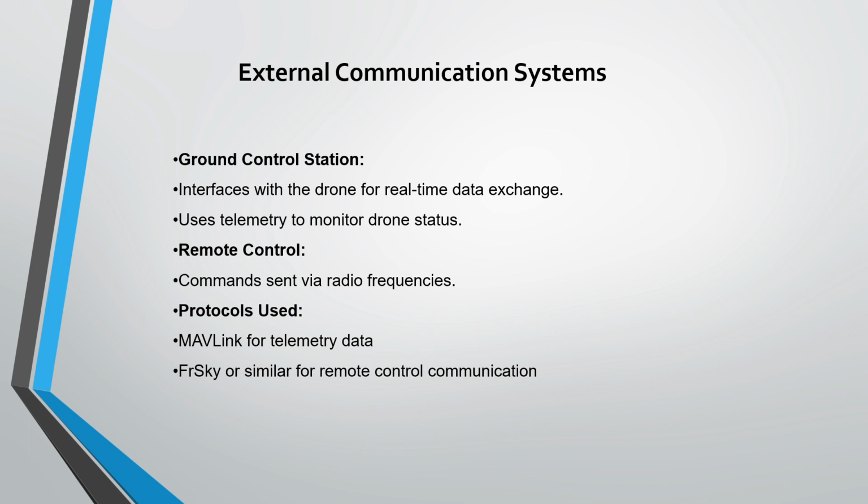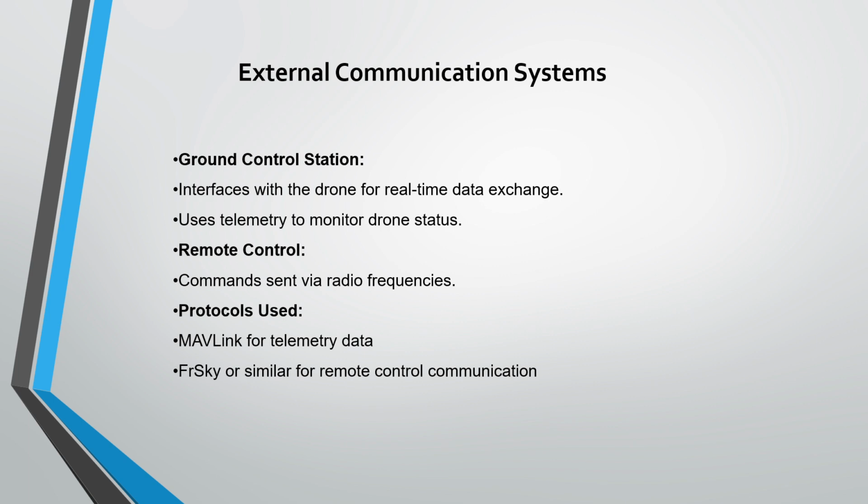And we have other external communication systems like the ground control station and remote control, and the protocols used in them. Ground control stations interface with the drones for real-time data exchange, and use telemetry to monitor status.